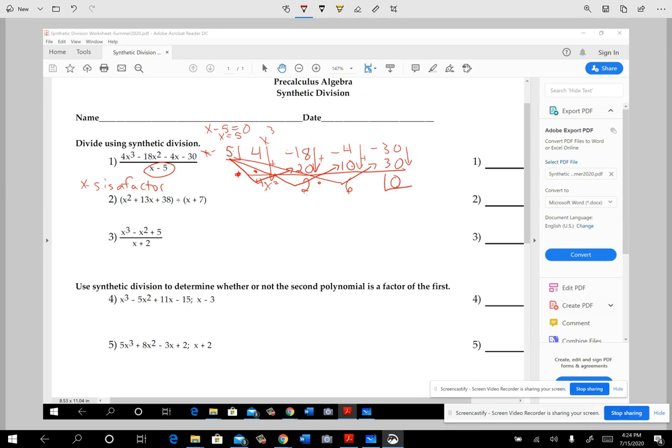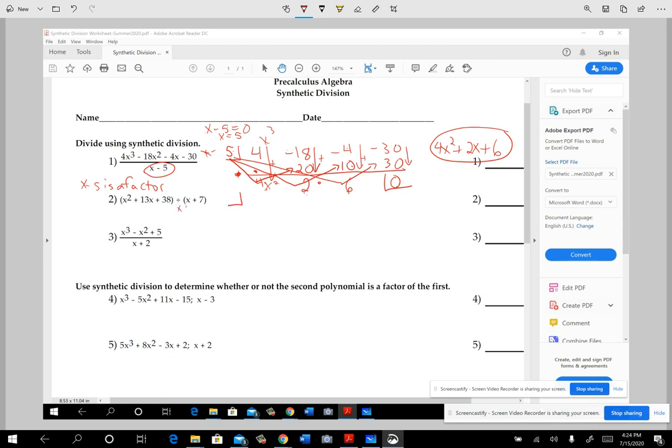So your answer to this one is going to be 4x squared plus 2x plus 6, but there was no remainder, so you don't write the plus 0 over x minus 5. That would be your answer to the first one. And that synthetic division, as you practice it, you'll get really good at it. And you need to, because you use it a lot.